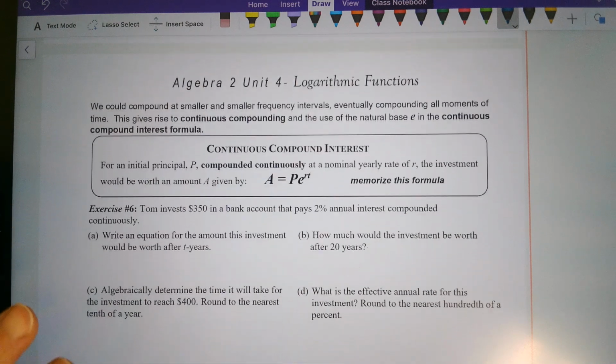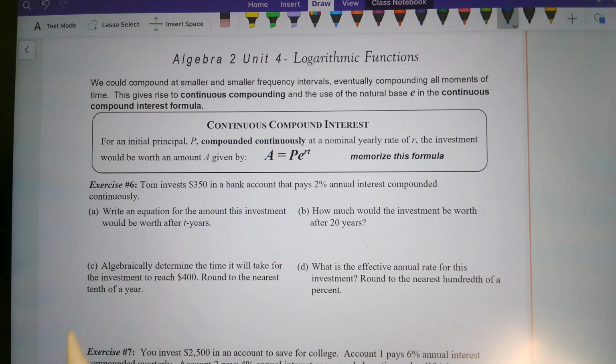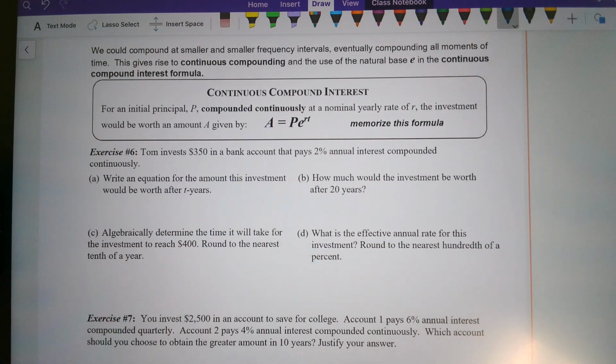And our third page, now we're looking at continuous compound interest. We could compound at smaller and smaller frequency intervals, eventually compounding at all moments of time. This gives rise to continuous compounding and the use of the natural base e in continuous compounding interest formulas.